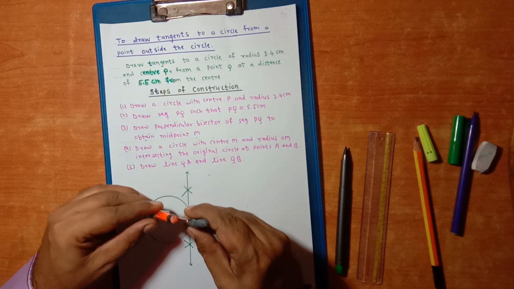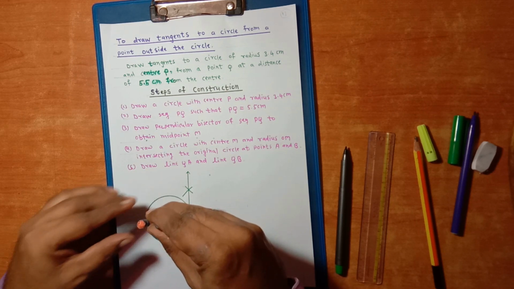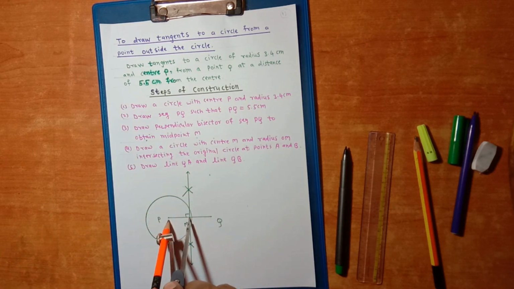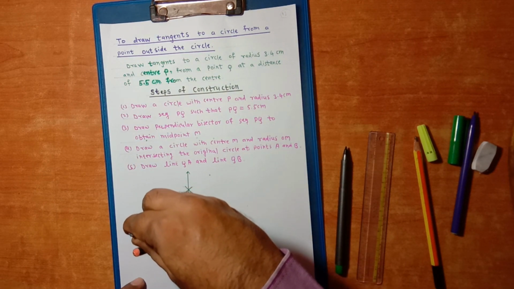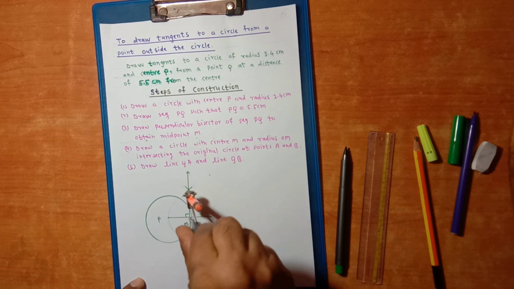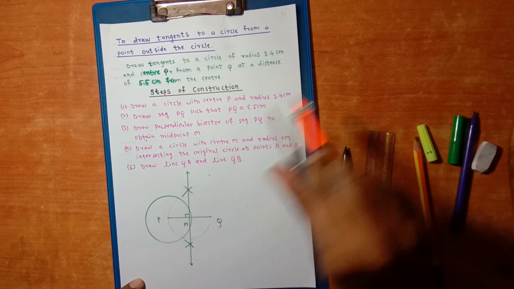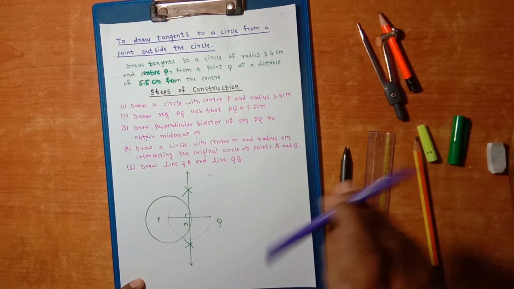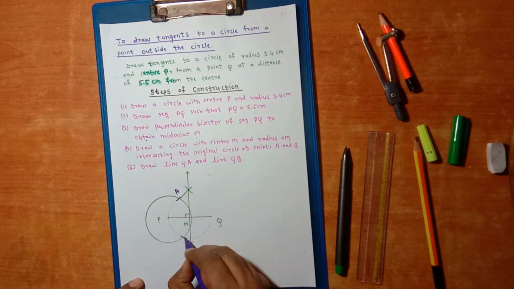Now keeping steel point on M and the tip of the pencil on point P, segment MP is my radius. I will draw a circle. This circle intersects the given circle in point A and here in point B.